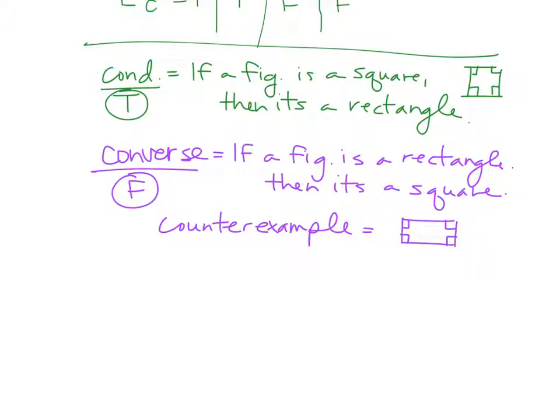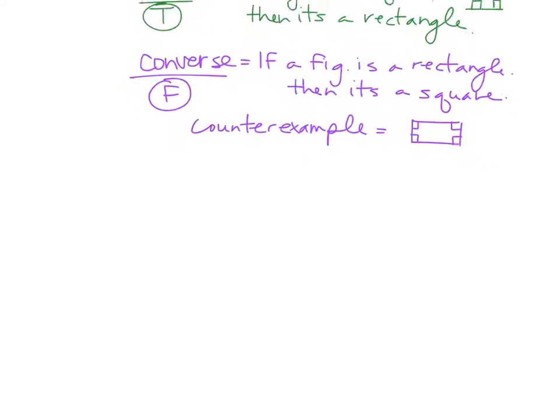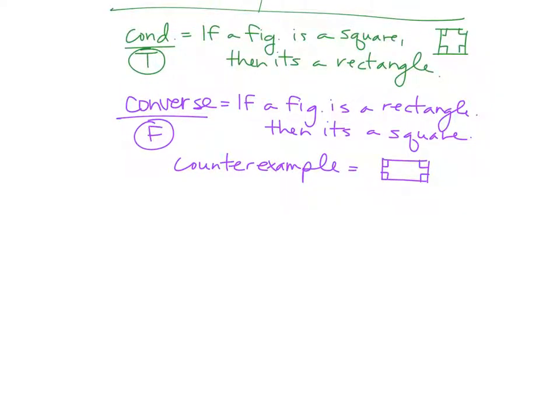Okay, now you should know the truth value of the rest of your statements. So before we even write them out, let's just talk real quick. What is the truth value of your inverse going to be? It is going to be false, because it has to be the same as the converse. So we know there's going to be a counterexample. What is the inverse going to say?